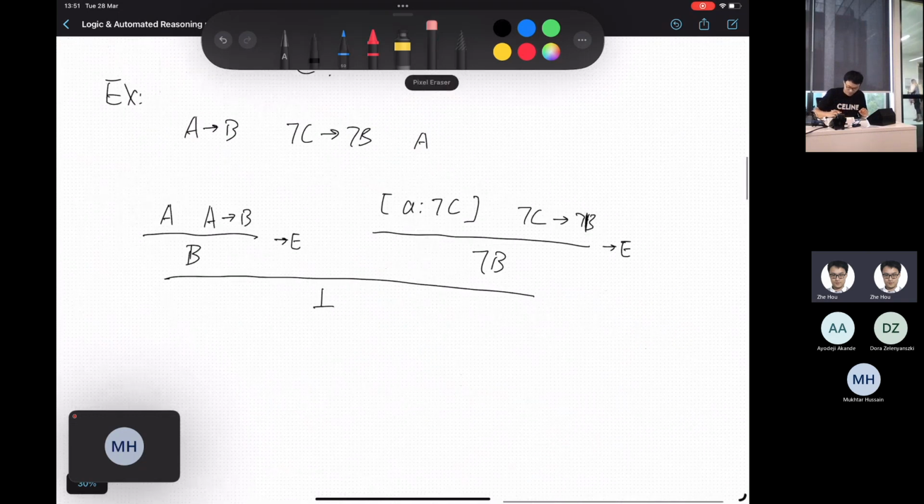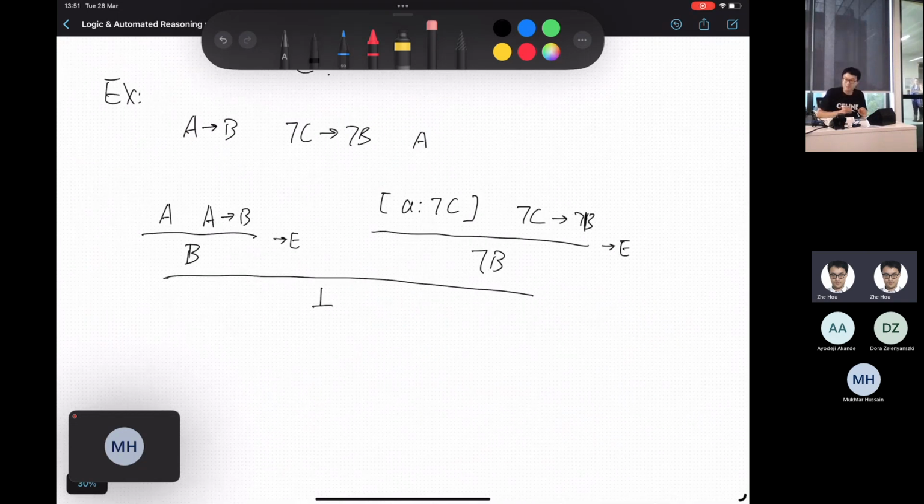Let's look at what we've got here. We assume that not C is true, and this is the whole thread of reasoning. We derive a contradiction. So what can we do? We can do negation elimination and conclude that C is indeed true.